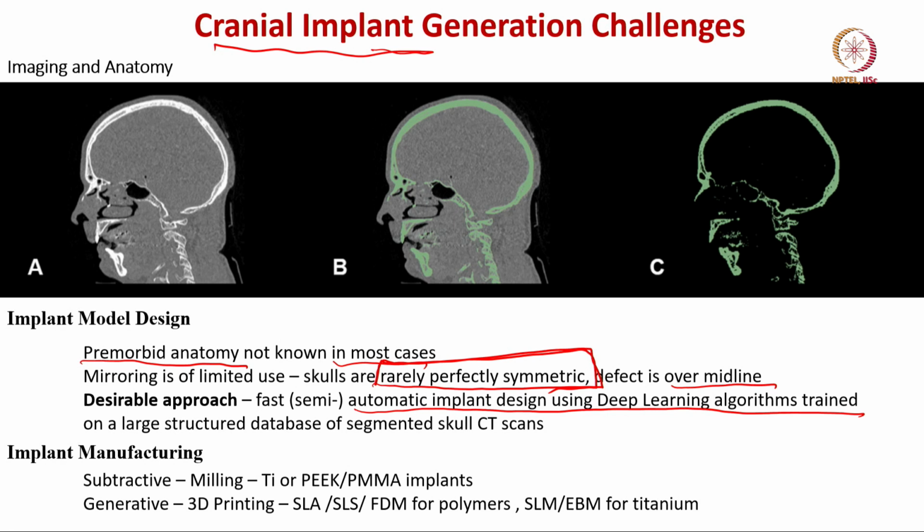This is done on a large structured database of segmented skull CT scans. For implant manufacturing, there is subtractive, like milling titanium, PEEK or PMMA implants, or generative, like 3D printing, SLA for polymers, SLM or EBM for titanium, or titanium mesh that I have shown.